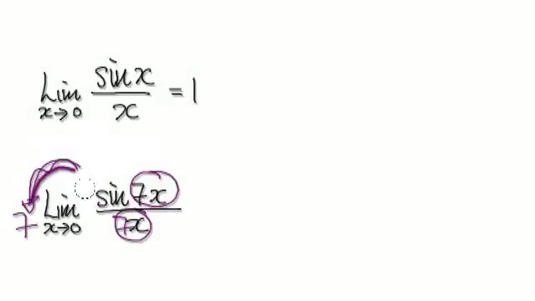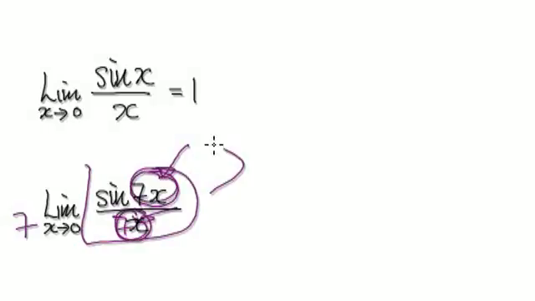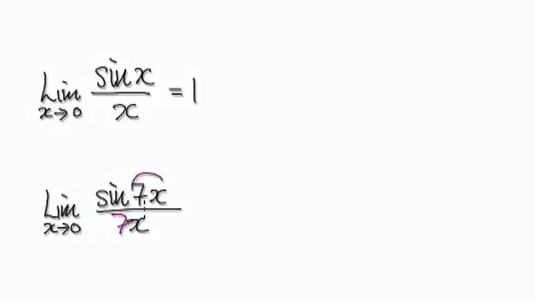So it becomes this, and then now it just boils down to us evaluating this. Now you can see that this heads towards 0 at exactly the same rate as this. So here you can actually use this, because here you've got 7x and 7x. So that's very similar to these two. They're both heading towards 0 at the same rate.